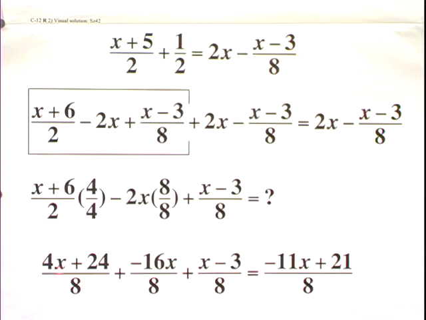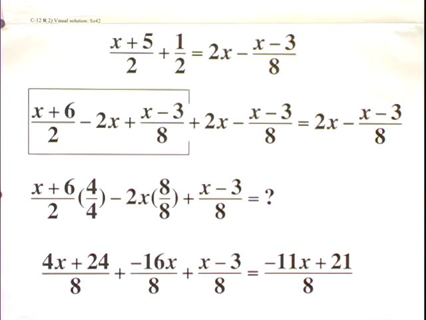Now when I add this, 4x, next 5x, and then minus 16x, minus 11x. 24 minus 3 is 21. So when I evaluate it, I get minus 11x plus 21 over 8.